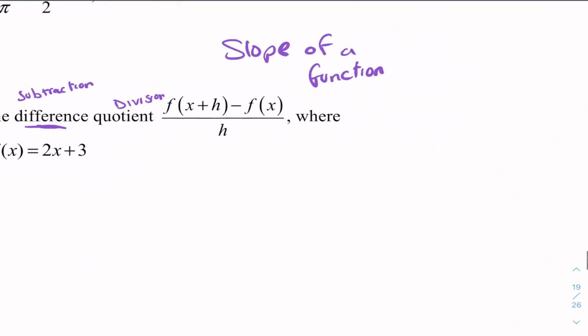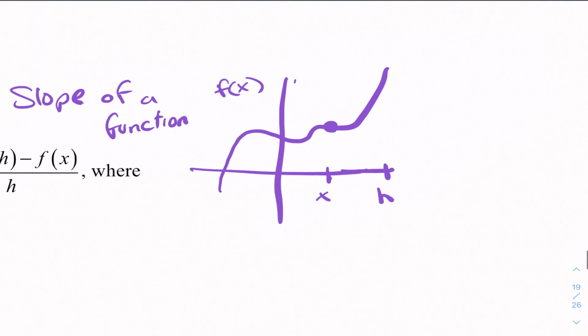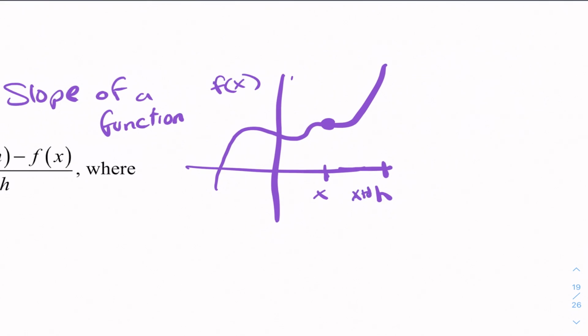Now, you might be like, Mr. Swenson, I don't really know what you're talking about. Let's say we had some function here. Let's just call that f of x. If we're looking at two different points, let's say this is at x, and then the second point is some distance h away. So we'll call that x plus h.